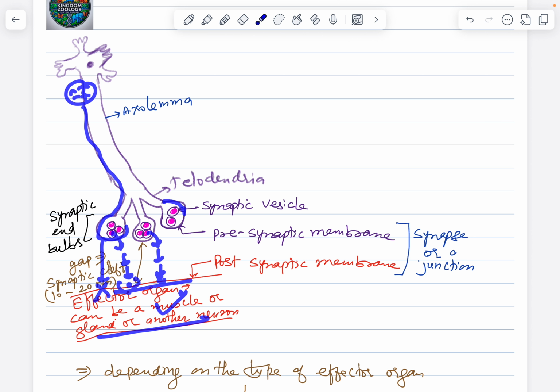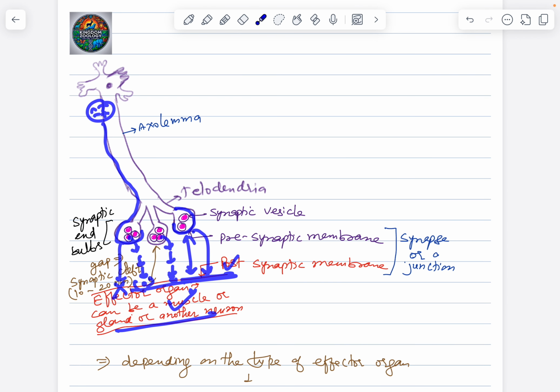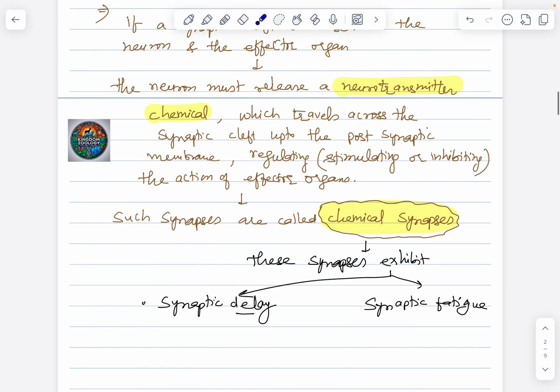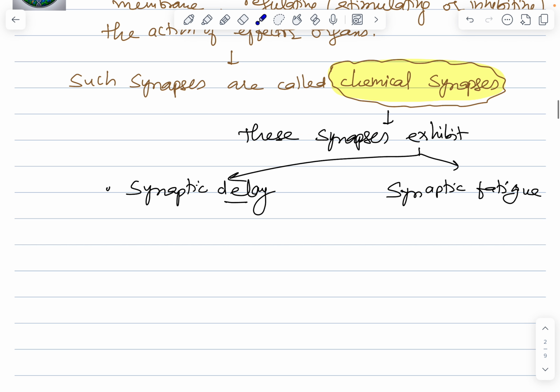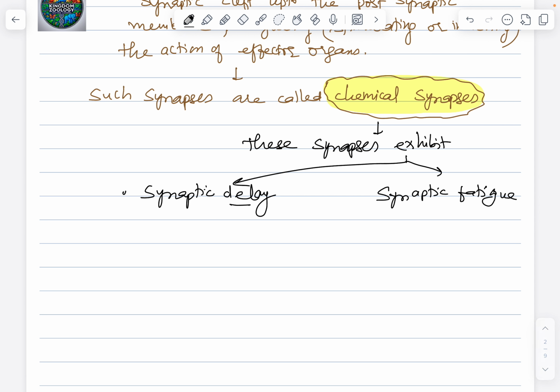Between the presence of action potential here and the effect of that action potential there is a small time lag. Why is the time lag there? Because the neurotransmitter takes time to get released and then travel. This time lag between presence of action potential on the axon terminals and the effect of that action potential on the effector organ is called synaptic delay. So the chemical synapses exhibit synaptic delay.